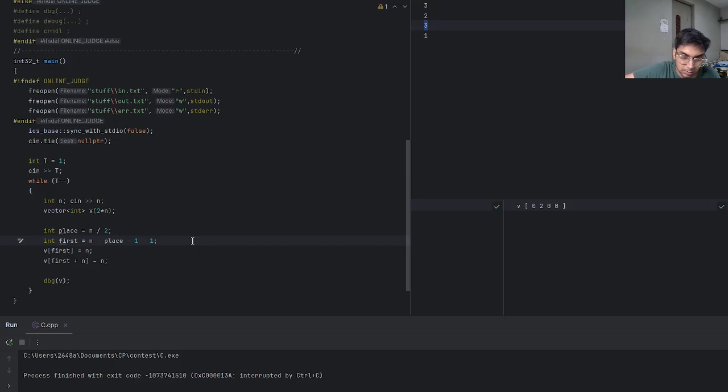Place minus place, which is 1. Does this make sense? Maybe it does. Yeah, probably. So this is the first step.